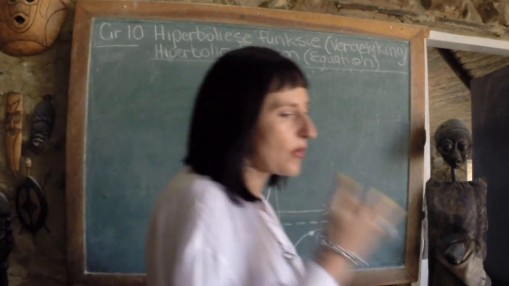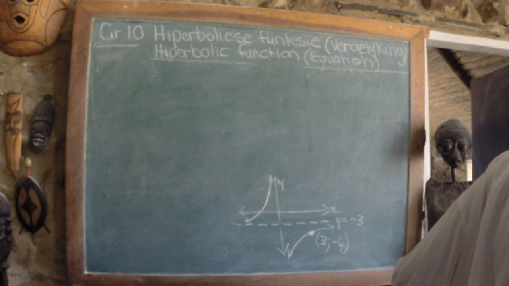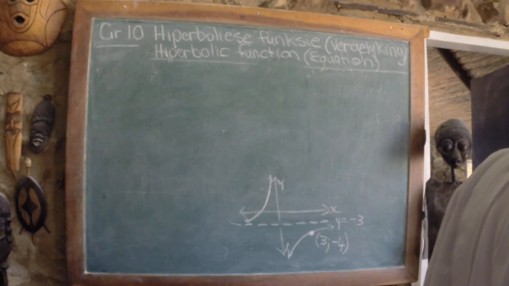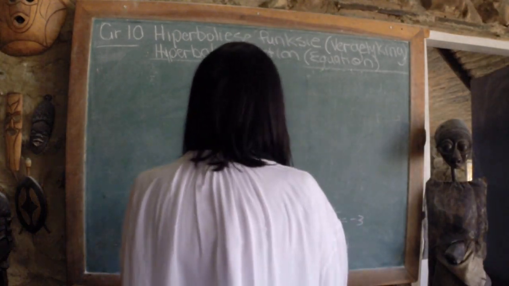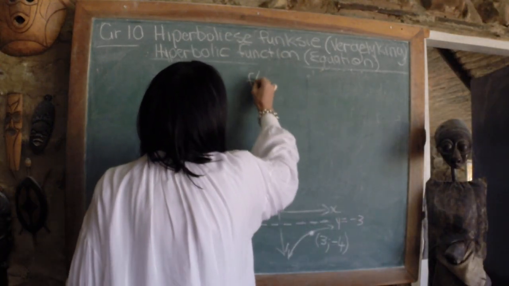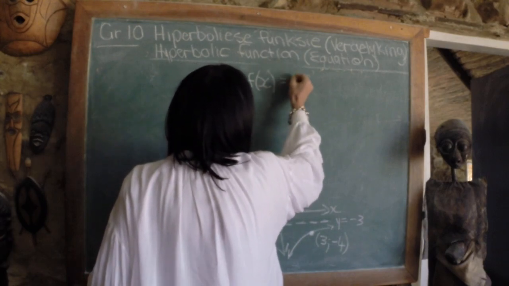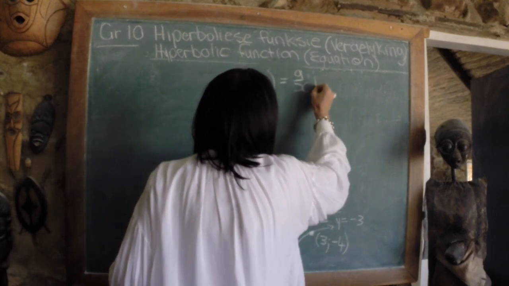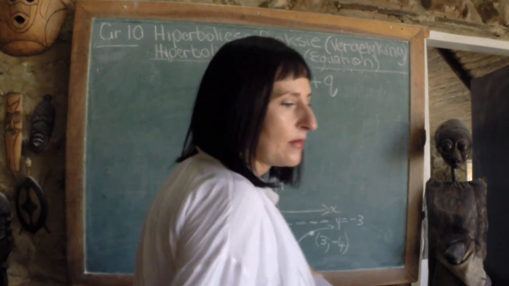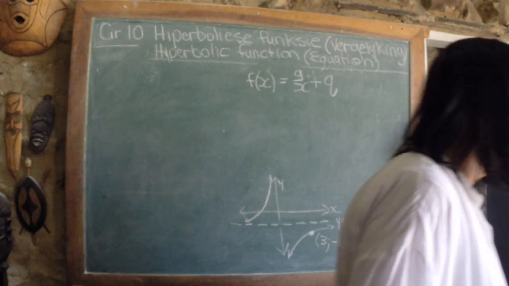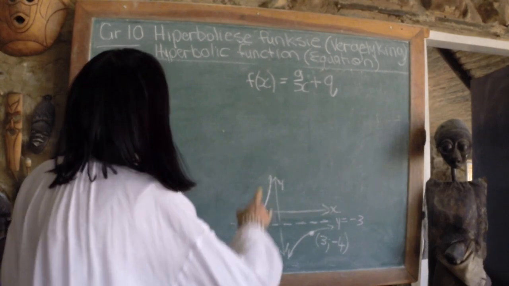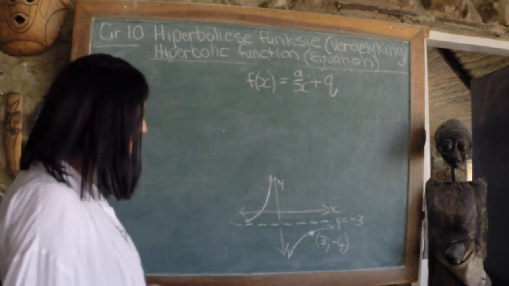Let's see what's the questions regarding that picture. Determine the equation of this function in the form of f(x) equals a on x plus q. Bepaal die vergelyking in daardie vorm. So kom ons gaan kyk. A op x plus q.